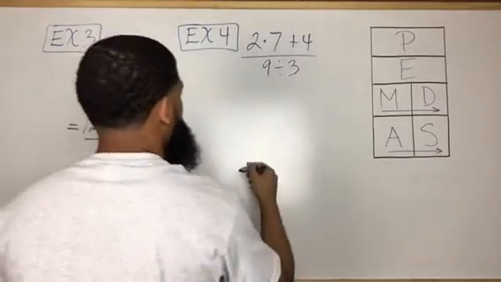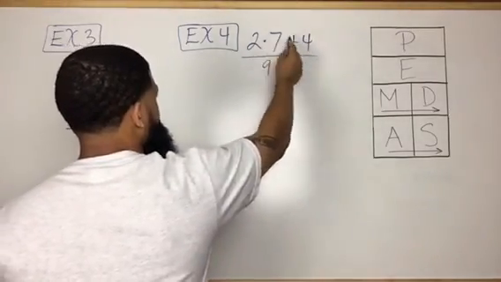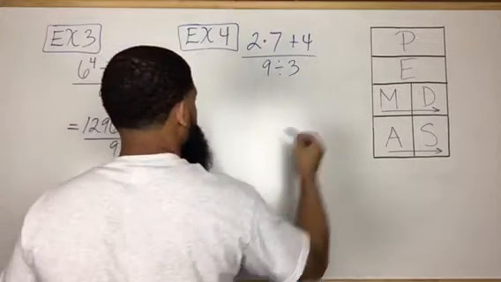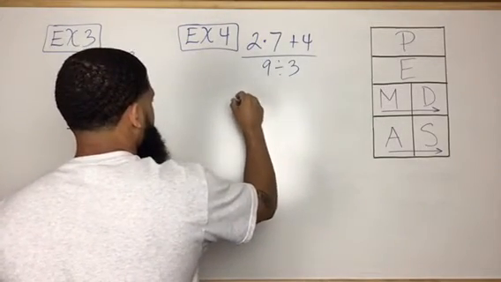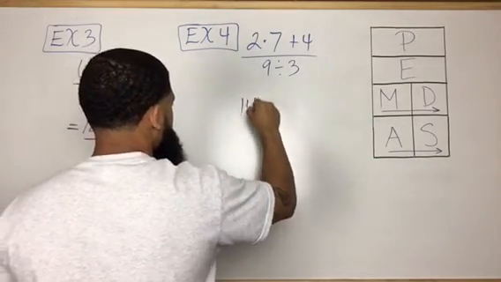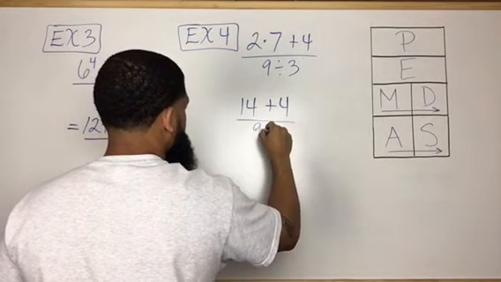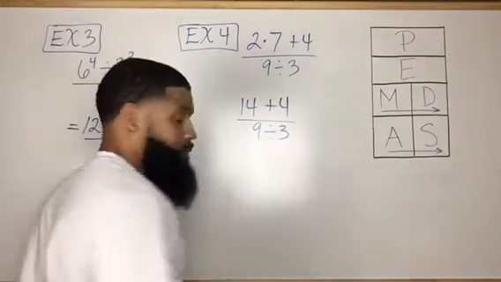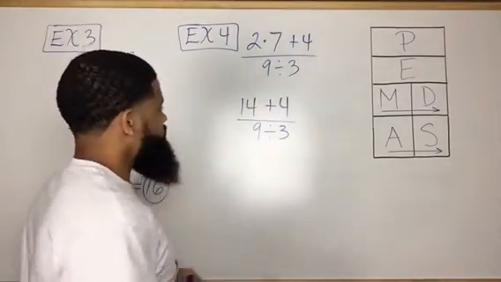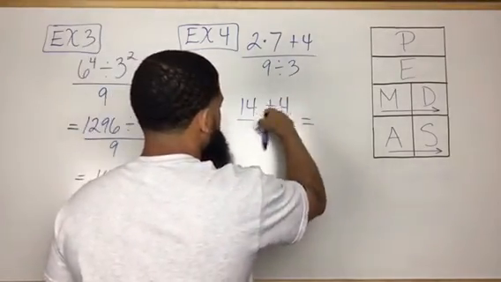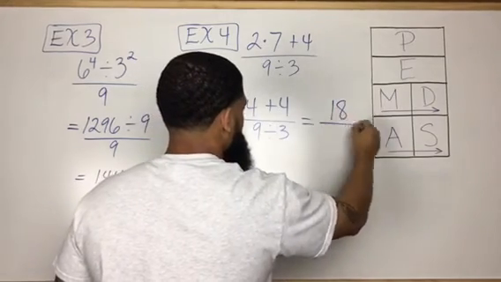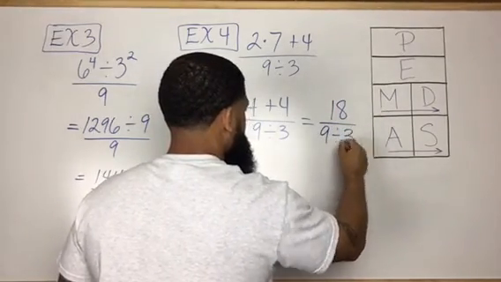So I'm going to just work with the numerator first, and in the numerator I have multiplication and addition, and according to order of operations I need to do multiplication first. So I have 2 times 7 is 14 plus 4, over 9 divided by 3. Still going to take the numerator. That gives me 14 plus 4 is 18 over 9 divided by 3.